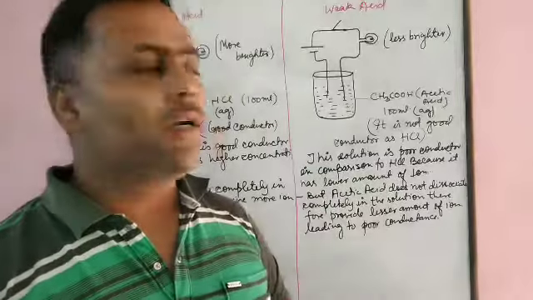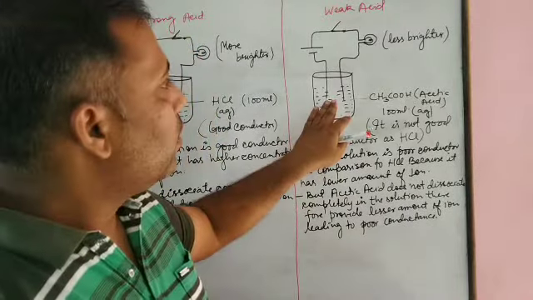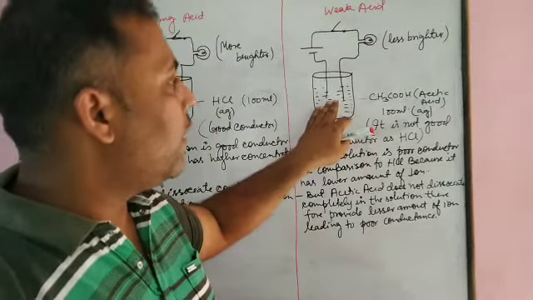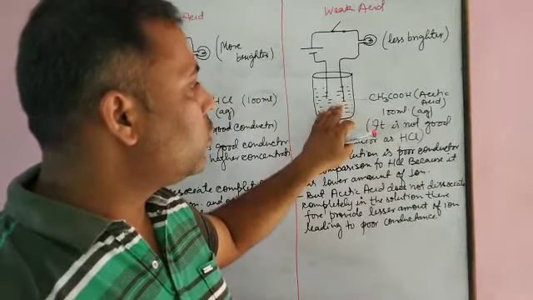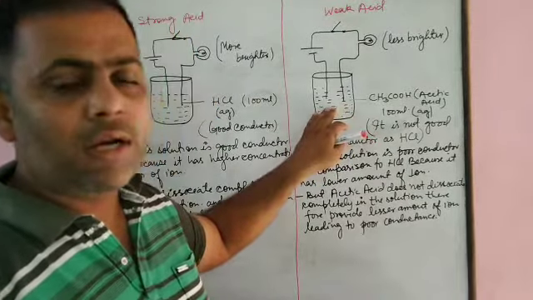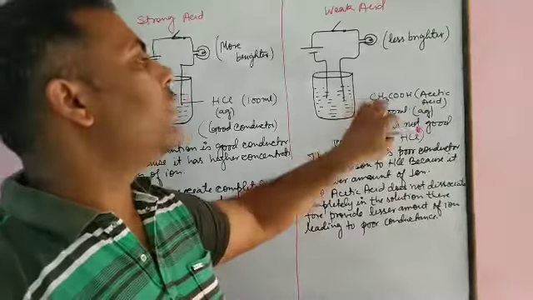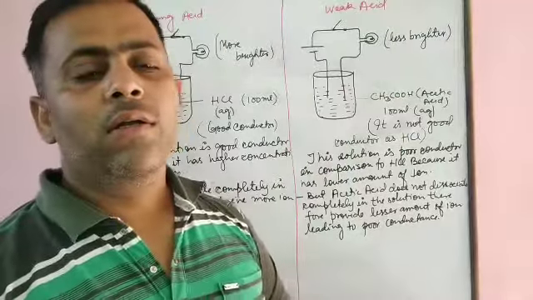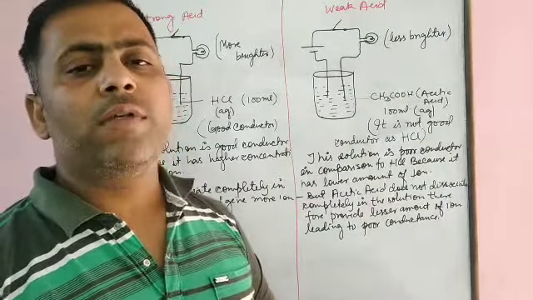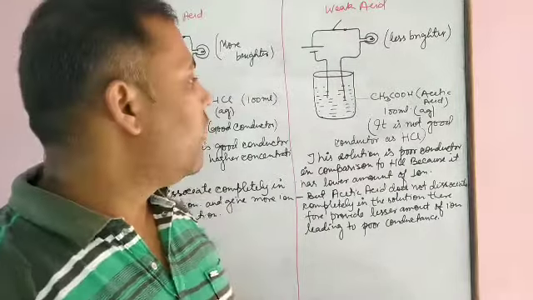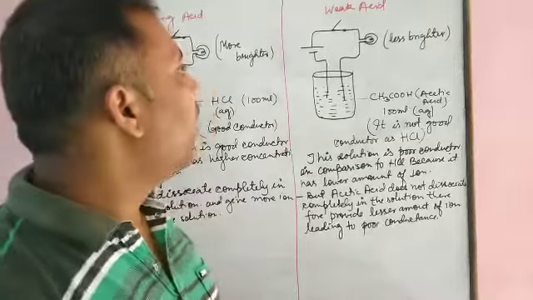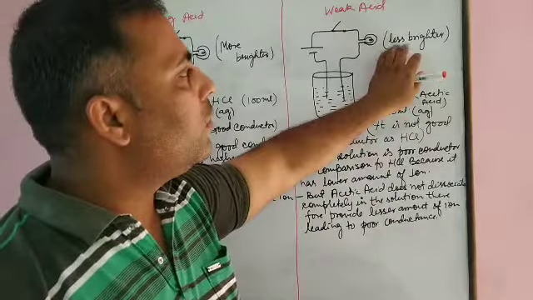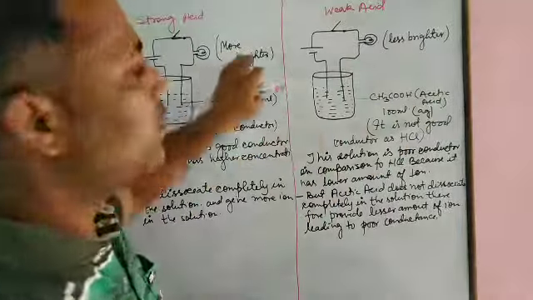Whereas with acetic acid, the solution is a lesser conductor in comparison to HCl because it has a lesser number of ions. Why? Because the dissociation of acetic acid is very poor, so it gives a lesser amount of ions in the solution, and hence the bulb glows less bright in comparison to this.